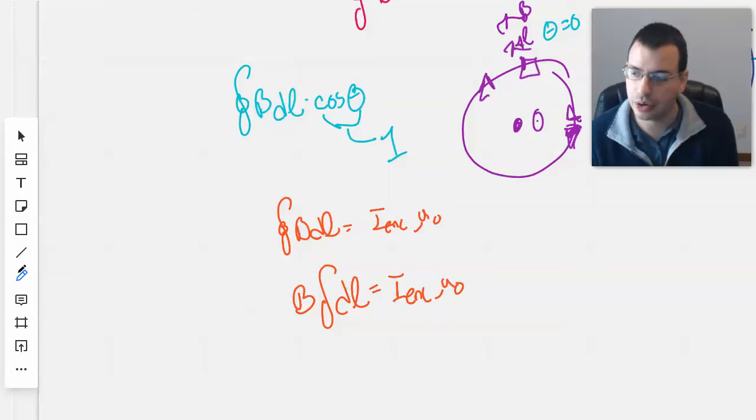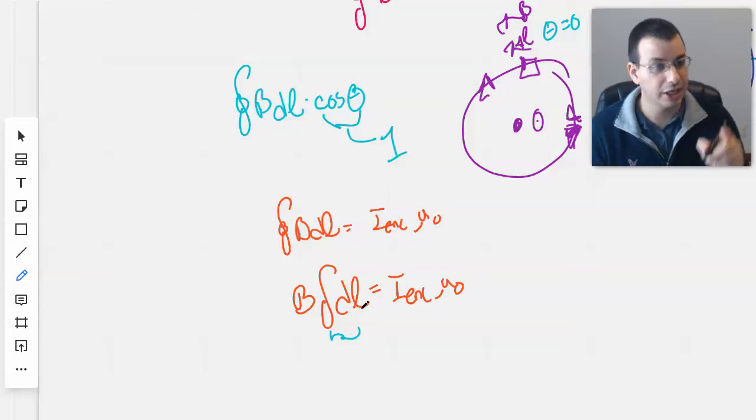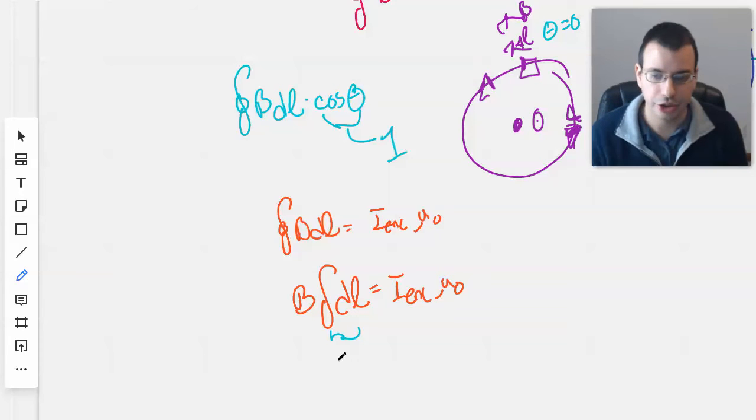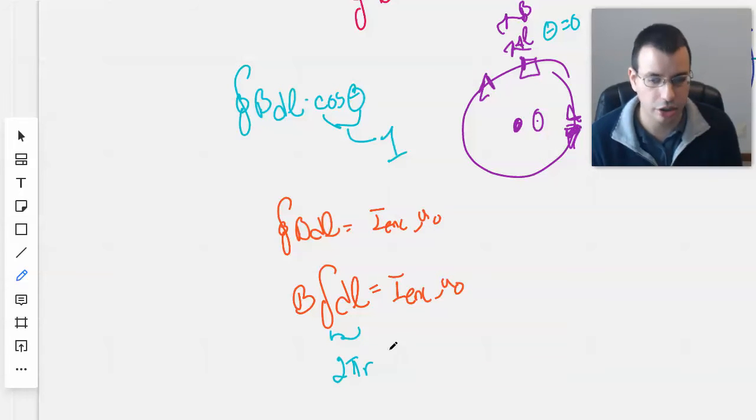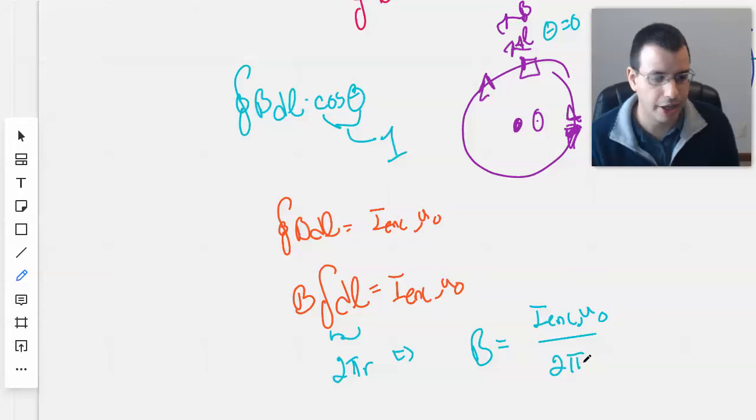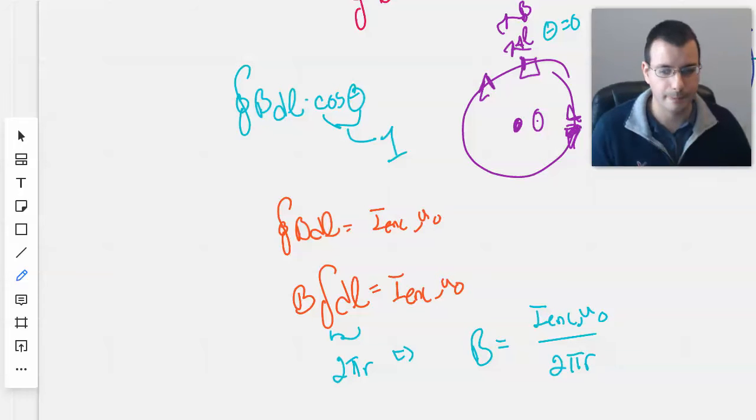So this is just the length of the circle, which will be 2 pi r. Rewriting the equation, we get B equals I enclosed mu naught over 2 pi r.